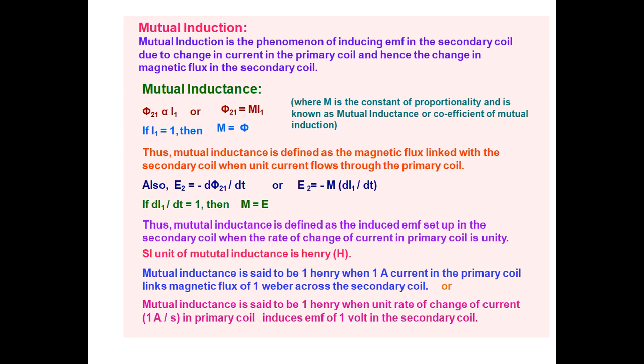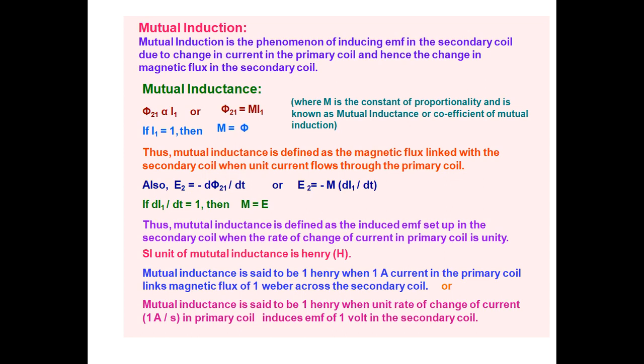Then, in mutual induction, suppose phi 2 1 is directly proportional to I1. What is meant by phi 2 1? It is the magnetic flux linked with the secondary coil, which is directly proportional to the current present in the primary coil.